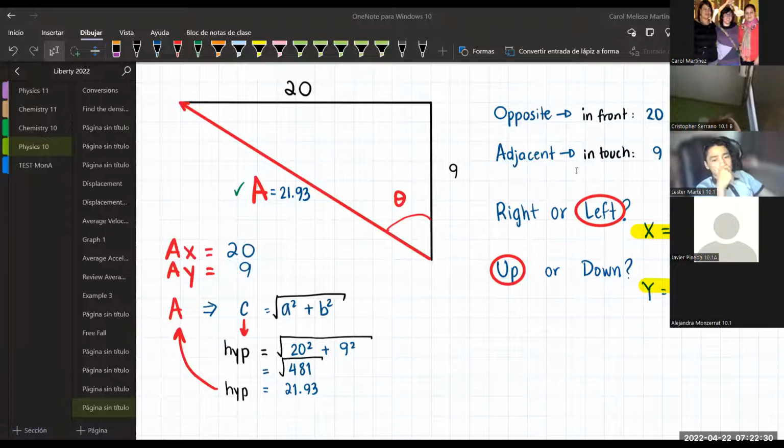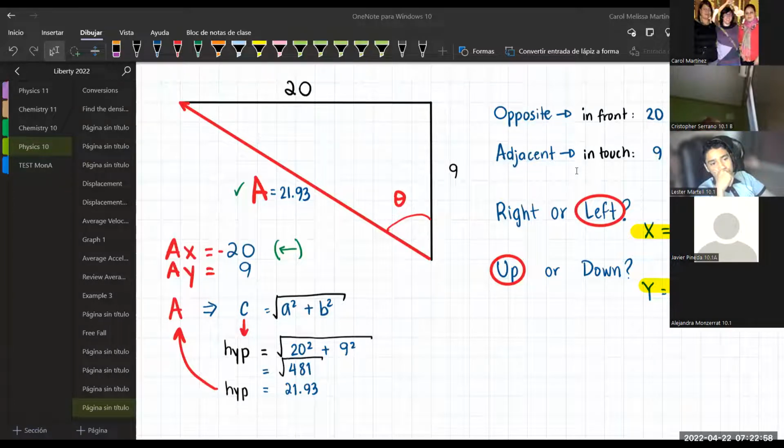So in x we said it's negative, okay, because it's going to the left. So this value here actually is negative 20. Why? Because it's going to the left. In y it's going up, so that means that it's positive.